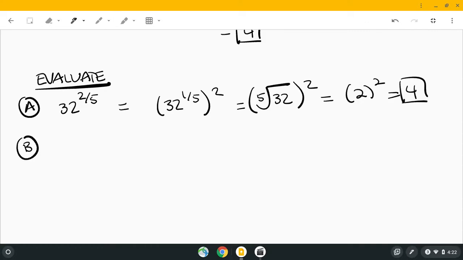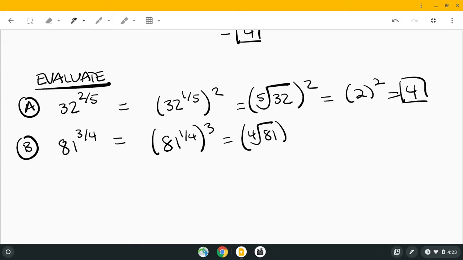let's take a look at another one. 81 to the 3/4. Okay, so we're going to pull out that 1/4, and we'll put that 3 on the outside. Okay, so now that tells me I'm taking the 4th root of 81, right? So let's go ahead and write that 4th root of 81, and then we're going to cube our answer.